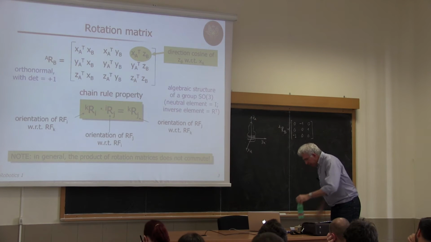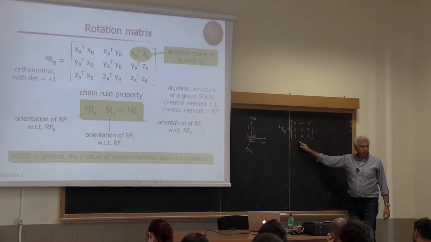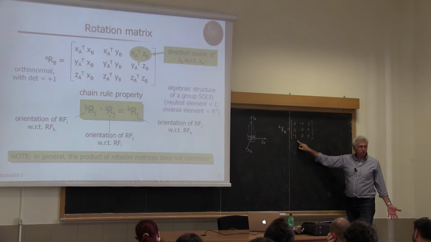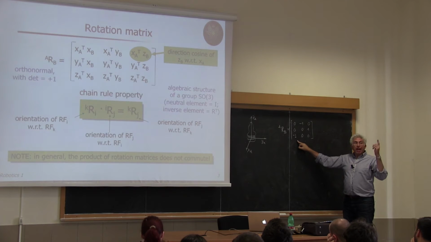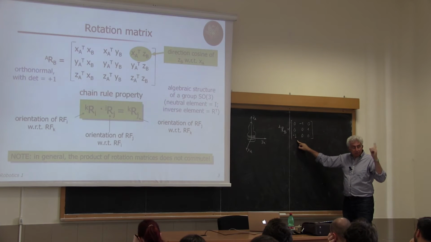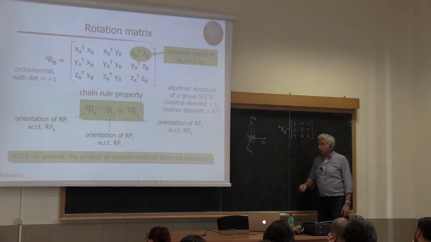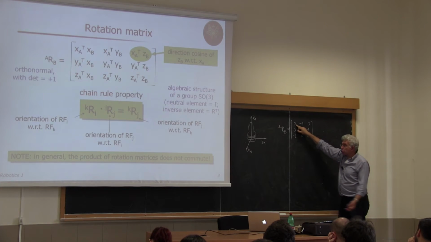Well, easy. Remember, what are these columns? First column of this rotation matrix represents the directional cosines of axis xb when I'm projecting it along xa, ya, and za, which means that the 0 here means that xb is orthogonal to xa.